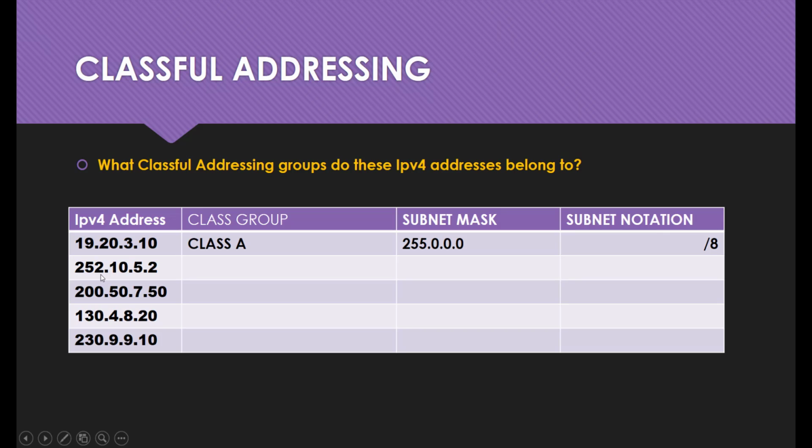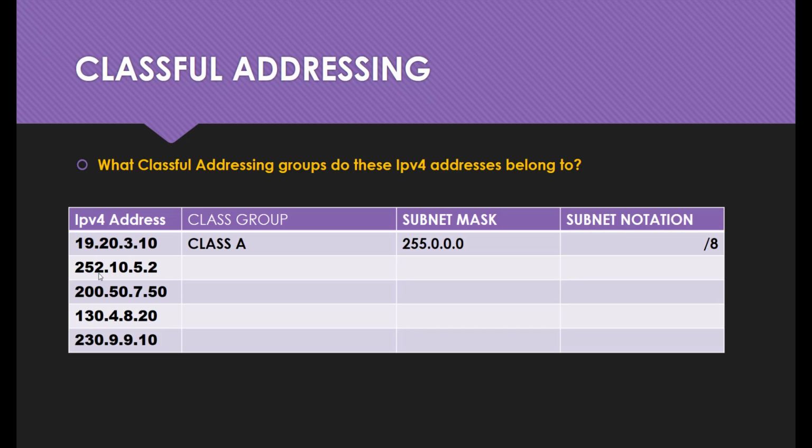So let's try our hands on this next one, 252.10.5.2. So what class group is this? And the subnet mask and subnet notation. So you can pause the video and try your hands and see if you get it.